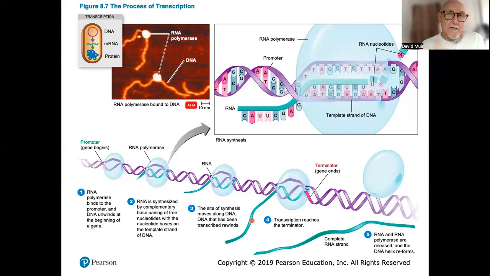In eukaryotes, in addition, there are various other things that need to happen. The RNA actually is processed. In prokaryotes, that is not the case. As the transcript comes off here in prokaryotes, it's usable. No further processing needs to take place.